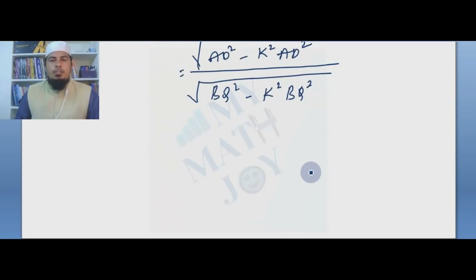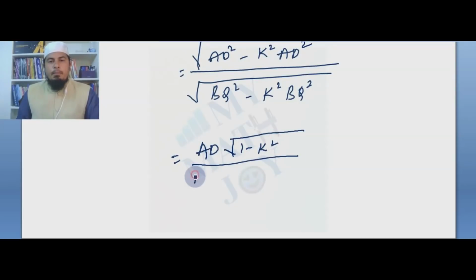Can I take AD square and BQ square common in the numerator and denominator? Yes. And after taking common AD square, I can remove it from the square root outside also. So it will become AD under root 1 minus K square divided by, in the similar manner, BQ under root 1 minus K square. This you can cancel. What did you get now?